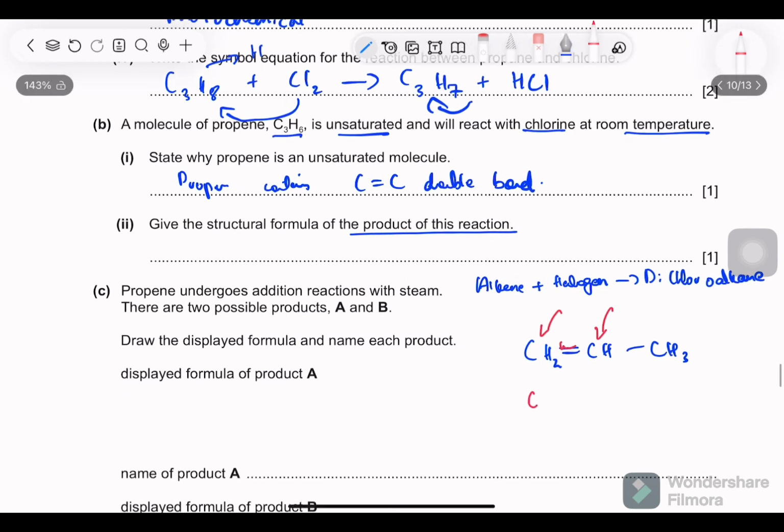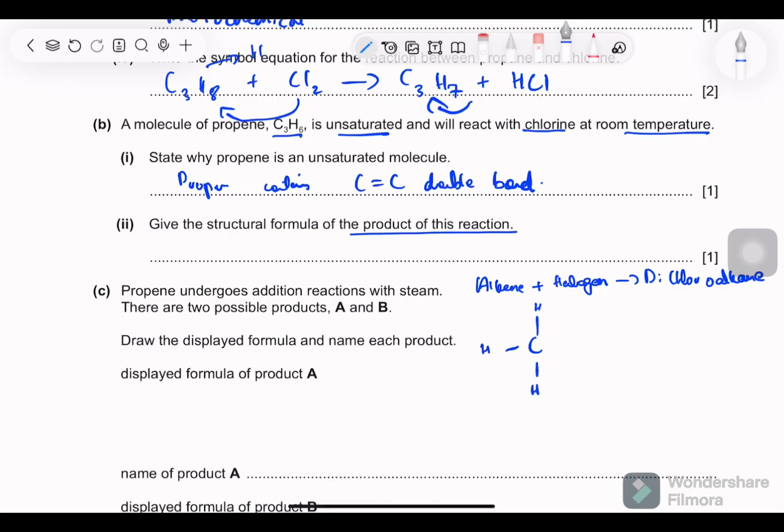This will give you C. This was originally CH2. Let me draw the displayed formula for more clarity. CH3, C double bond CH, and this was also an H. Now when chlorine came, it came over here and it came over here.